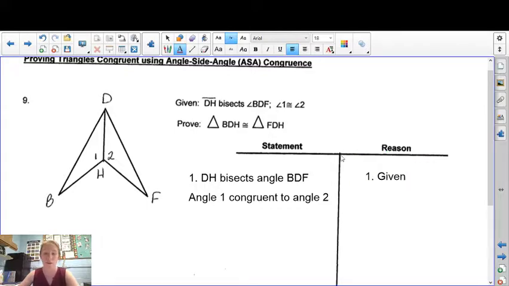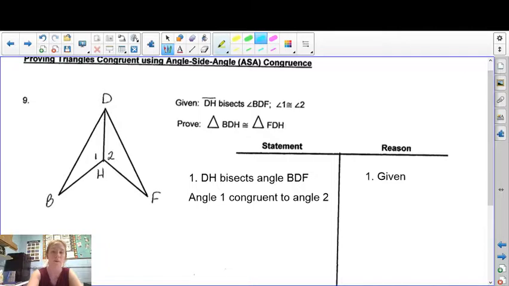So we need to make sure we go back and put that on our picture so it makes sense. The first one I can do that's pretty easy is angle 1 is equal to angle 2. Those I just need arc marks for. Not too bad.